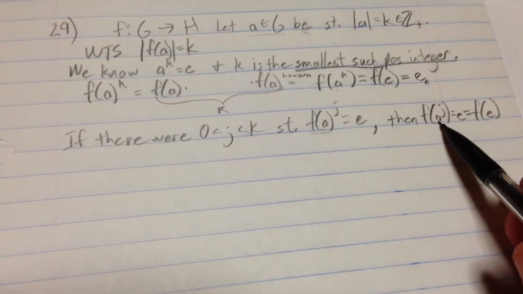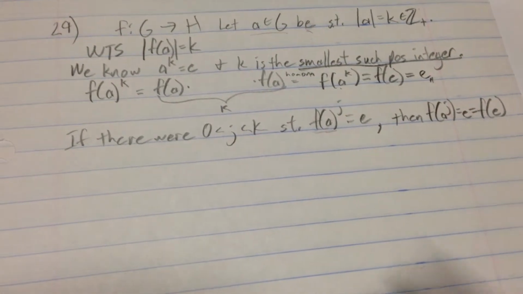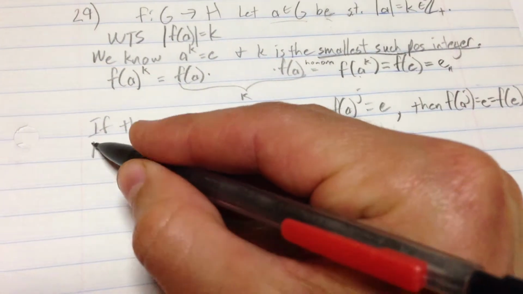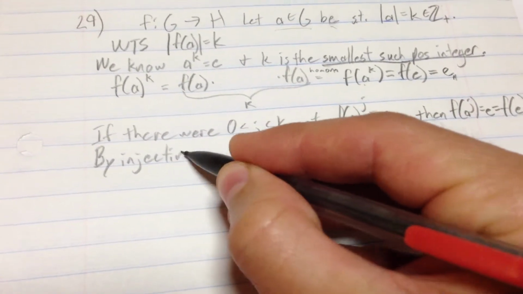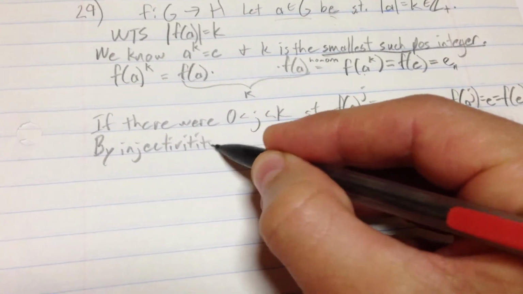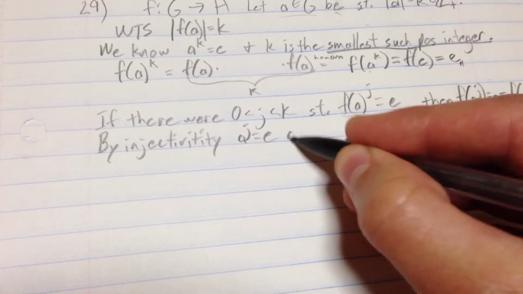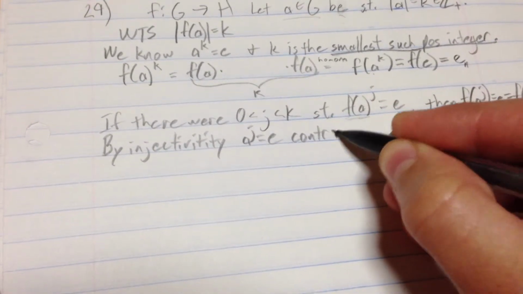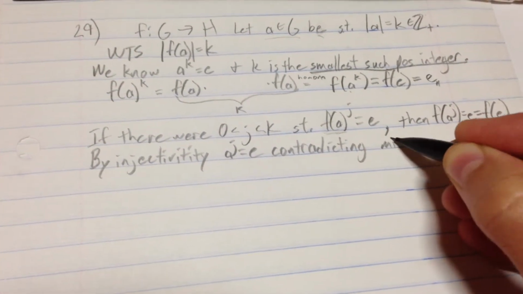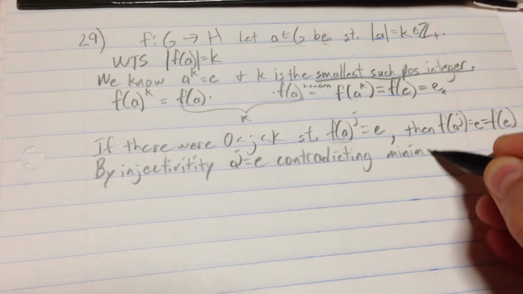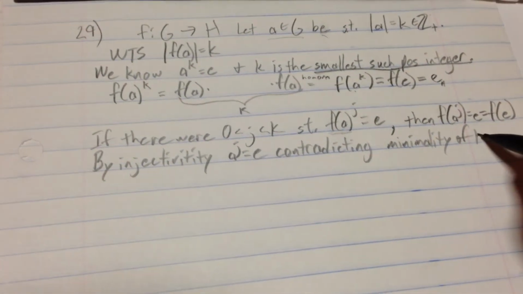Well, if it's injective and A to the J maps to E and E maps to E, that means by injectivity A to the J equals E, contradicting minimality of K. Right?